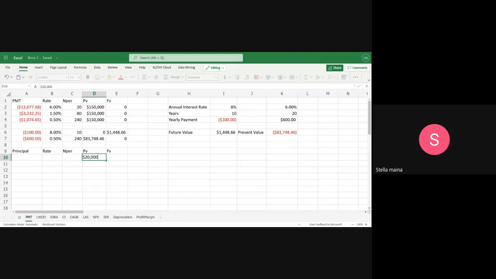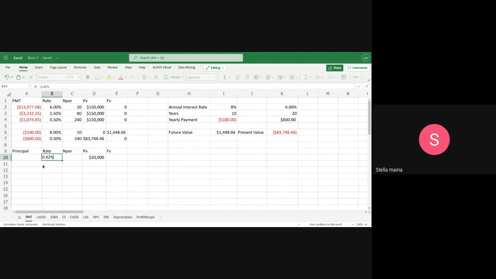I'm going to use monthly. I'm going to divide 5% by 12, which gives 0.42%.